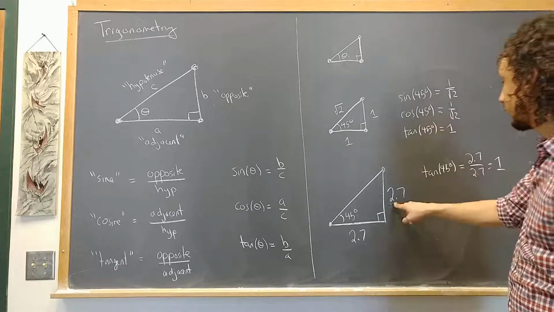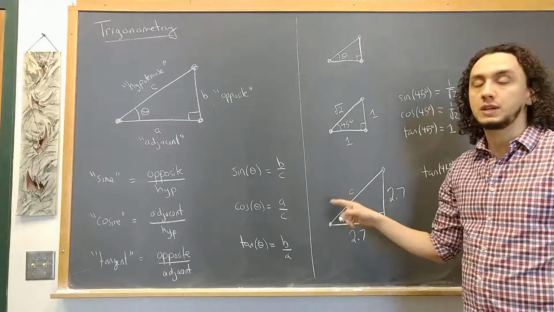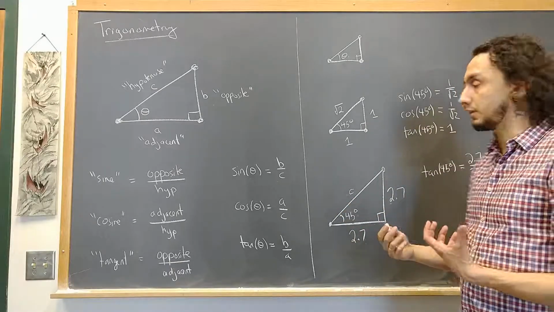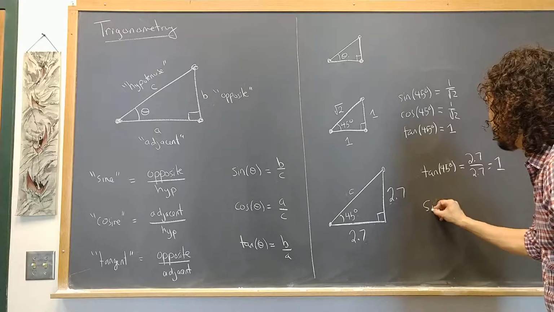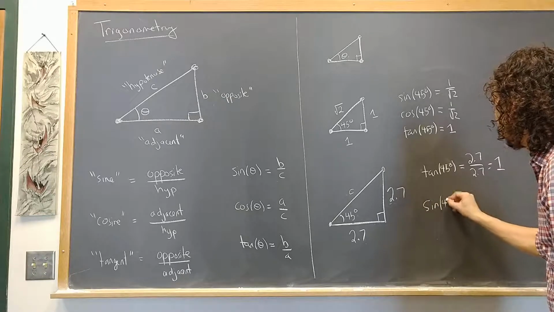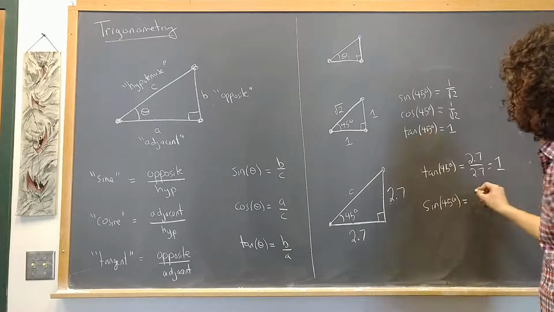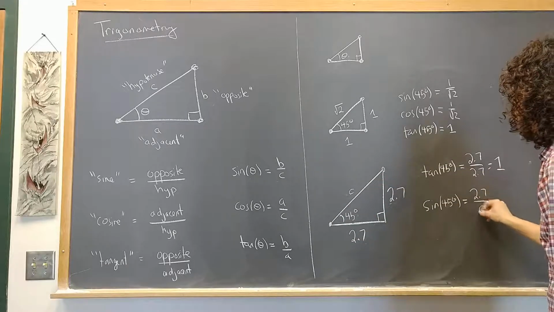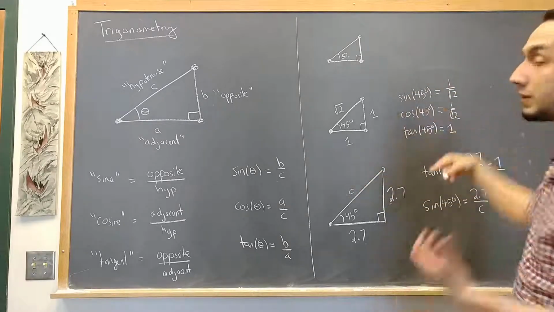And also the ratio of this side to this side, let's label this side C. We could solve for C using the Pythagorean theorem if we wanted to, but the idea is that the sine of 45 degrees based on this picture is equal to 2.7 divided by C, opposite over hypotenuse. But based on this picture, we already know what sine is.